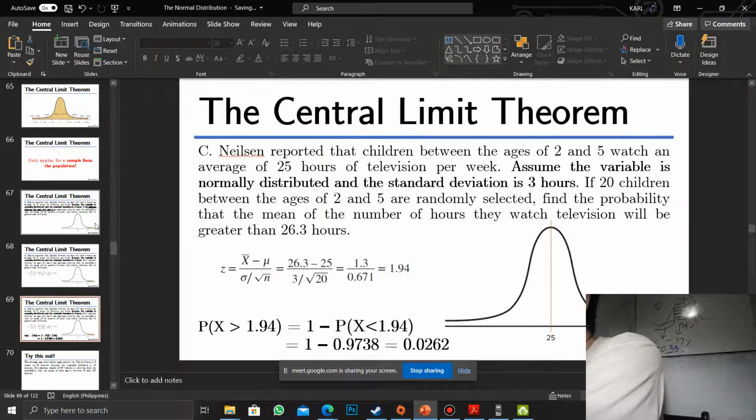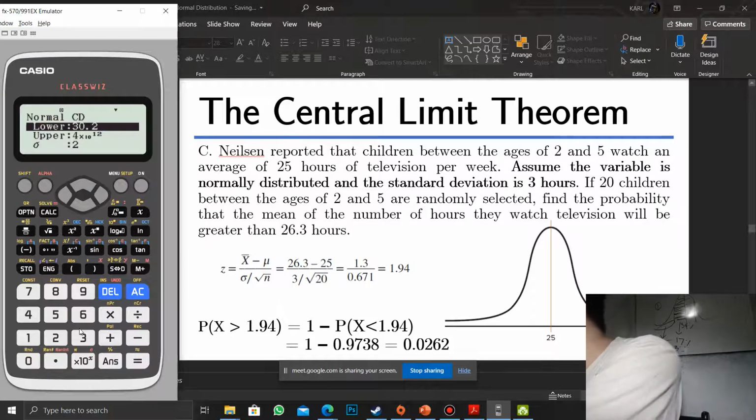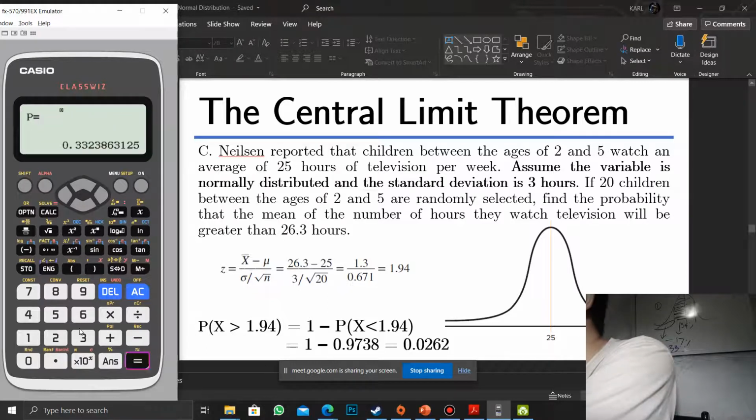Okay, paano to sa calcu, guys? Normal CD. Lower limit, 26.3. Upper limit, random big number. Sigma, standard deviation is 3 hours. Mean, 25 hours. Wait, mali ako nang ginawa. May nalimutan akong gawin. Sorry.